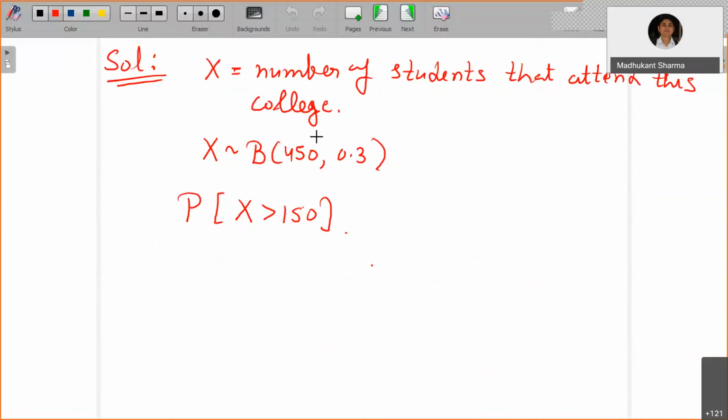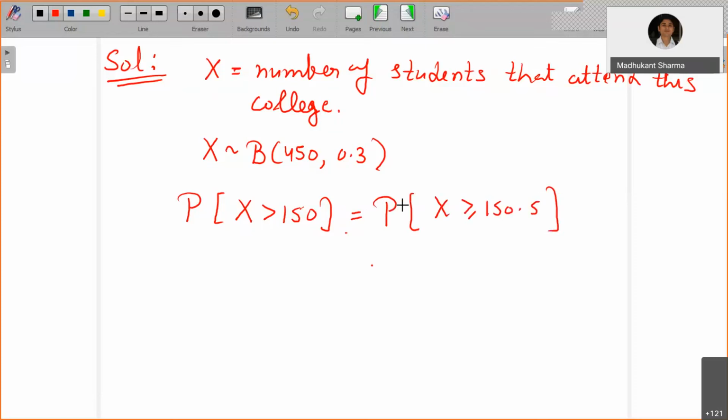So let's look at it in terms of the normal. We can use the continuity correction, so X is greater than or equal to 150.5. That also will be the same thing.